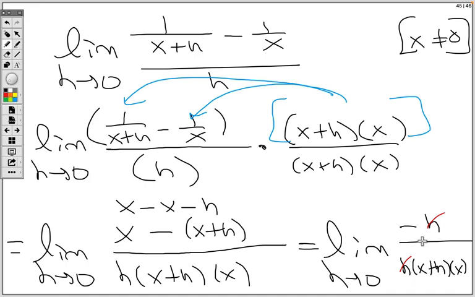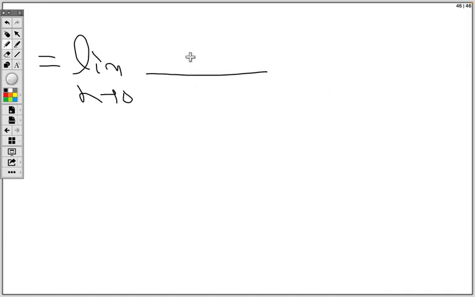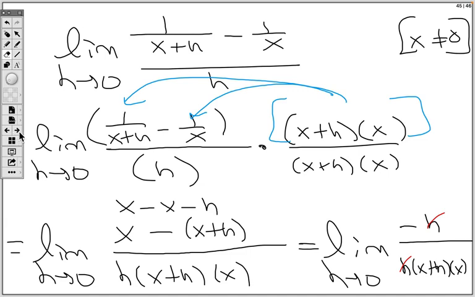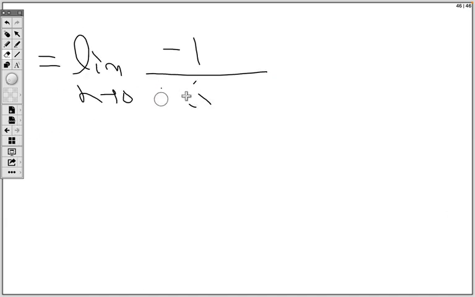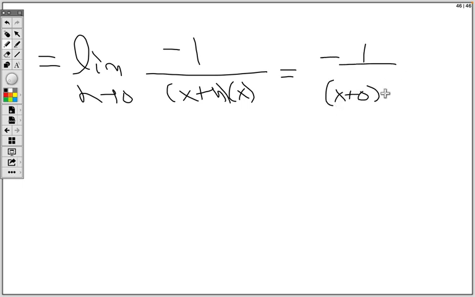The h cancels as a 1 here, so it'll be a negative 1 over x times x plus h times x. And since the limit is on h here, we can now substitute h equals 0. Because we're assuming x isn't 0, and we get a minus 1 over x squared.